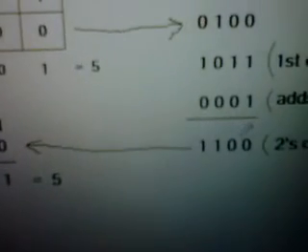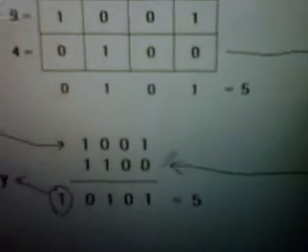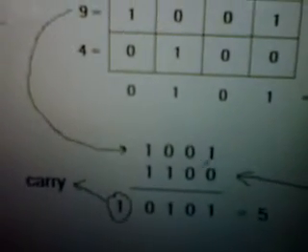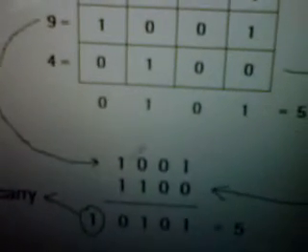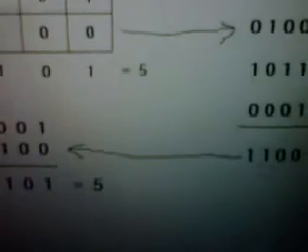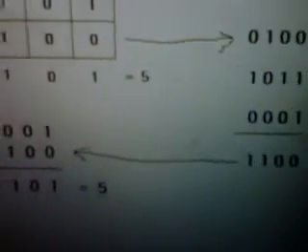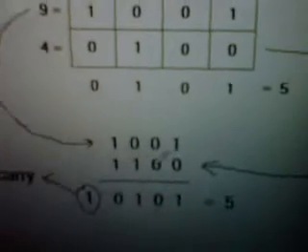So then what the computer and calculator does is it takes the 2's complement of number 4 and places it under the number 9. As you can see here, I moved over the number representing number 9 down here, and instead of putting the binary number 4 to subtract with, I put the 2's complement of number 4 in its place.